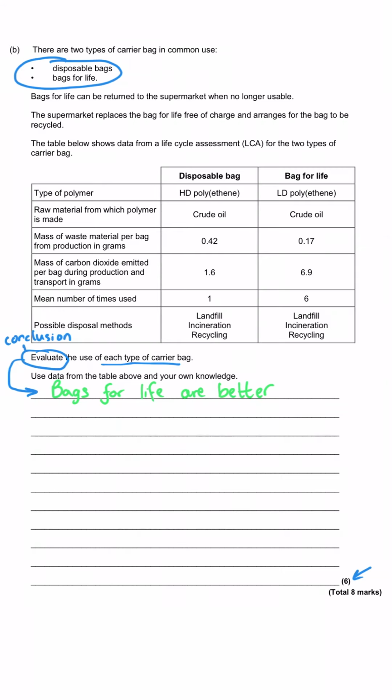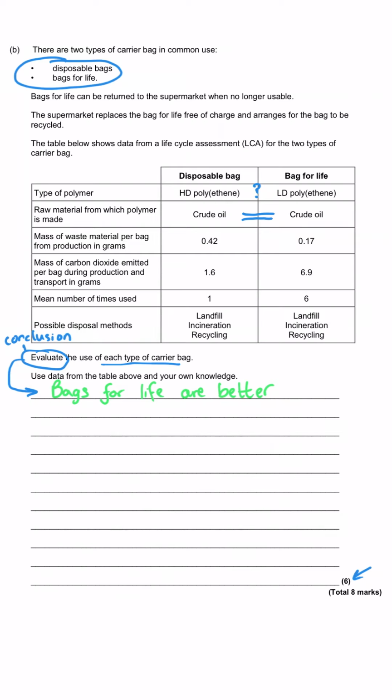So, for instance, the type of polymer, high density polythene and low density polythene. That's not really clear what the relevance of that information is to our answer. It's relevant, but not really to our answer. And then we've got the raw material that each of these bags are made from. Now, they're both made from crude oil, so that means that we don't really mind here.